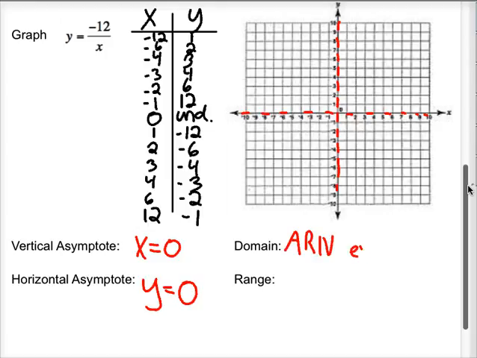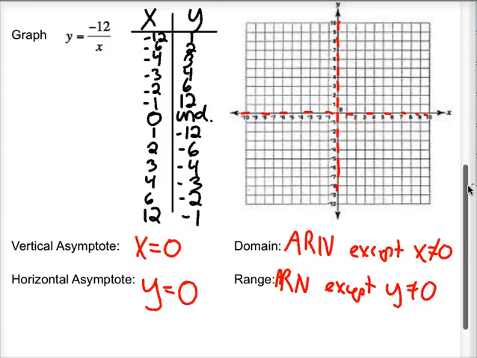My domain is all real numbers except where that asymptote is. The range is also all real numbers except where my horizontal asymptote is. And now I'm ready to start graphing.